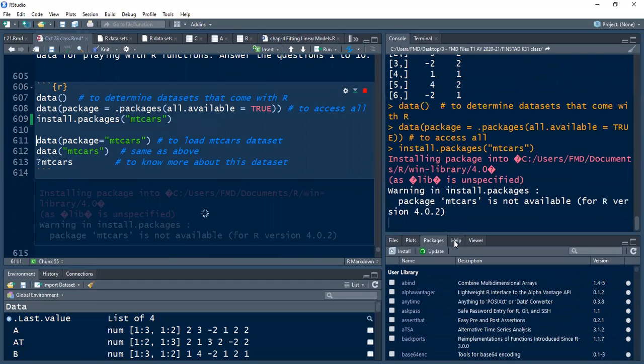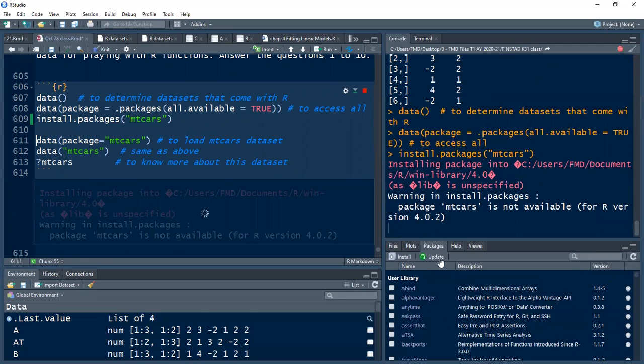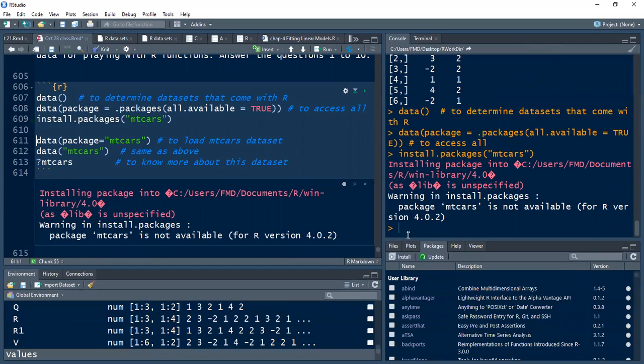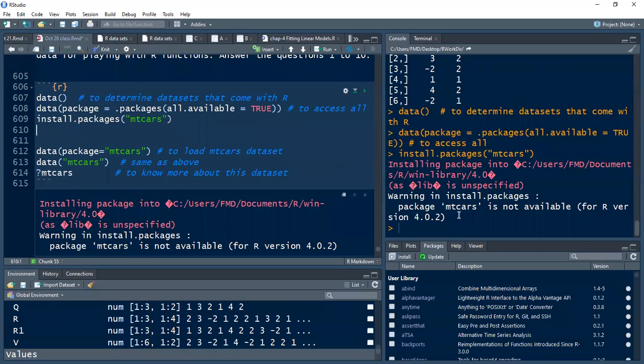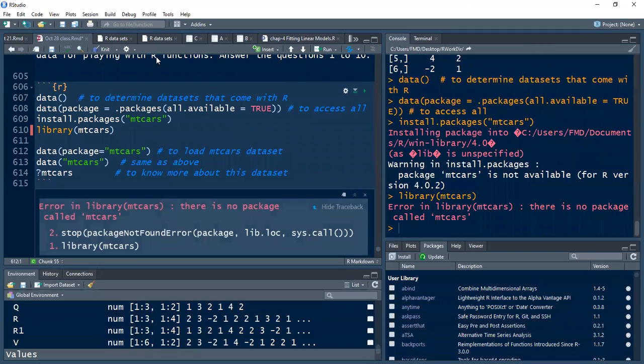If you install that, guys, although I didn't need to install that anymore because I have it there. Okay, and then let's make use of the library mtcars, which means we're going to make use of, oh wait.